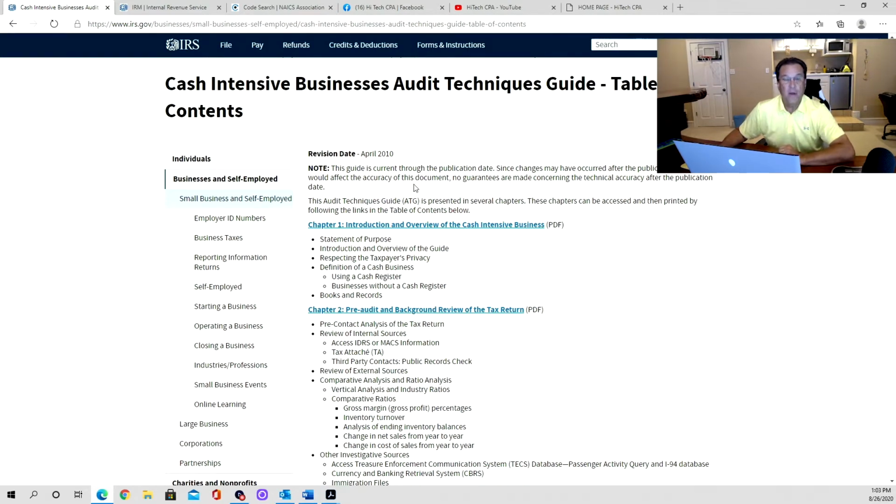Now, one thing I wanted to point out to you is that this guide is current through the publication date. This is April 2010. The one thing to really notice about all of these audit technique guides is they're all fairly similar in generalities of how an agent would go about the process of proving income, because that's the bottom line: that what you reported on your entity tax return is what actually happened in reality, and that you did not underreport.